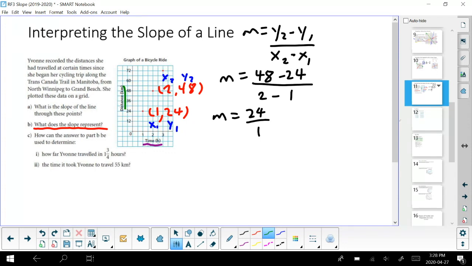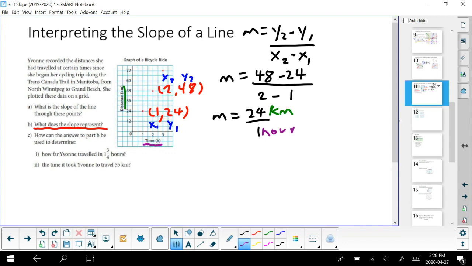We know that m is a change in your distance, and in this case it's kilometers, over your change in your x, which is really just your time in hours. So we can interpret our slope to be 24 kilometers per 1 hour.